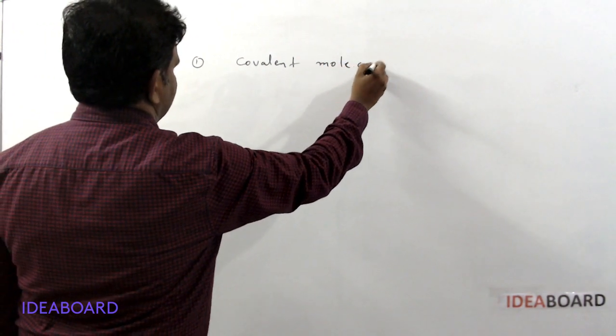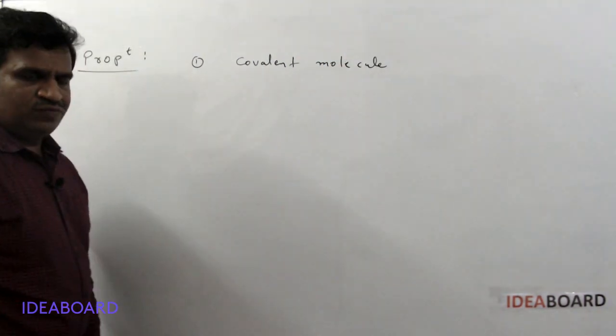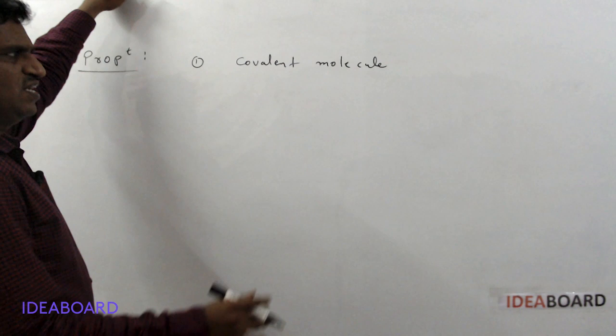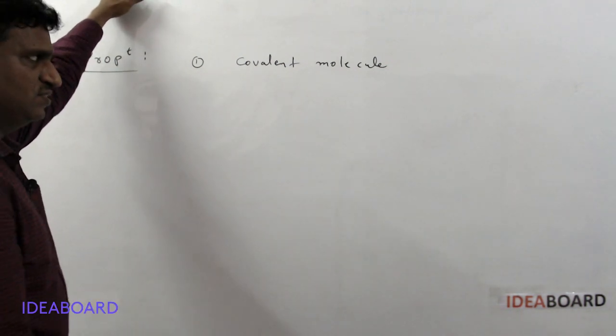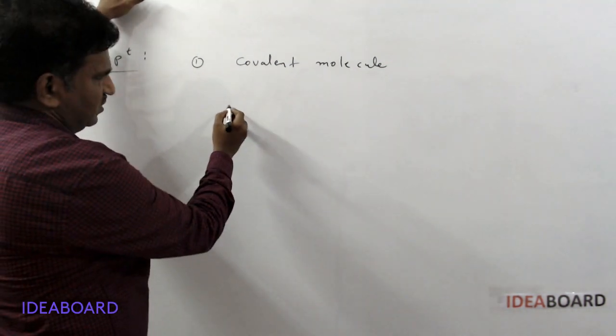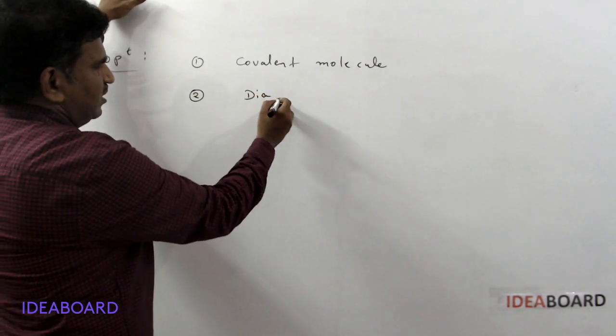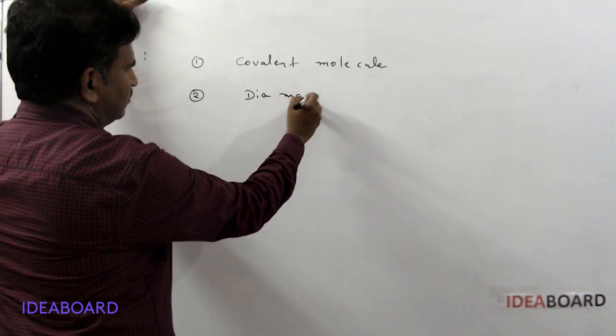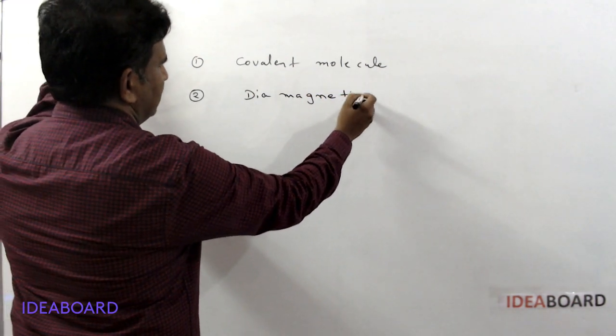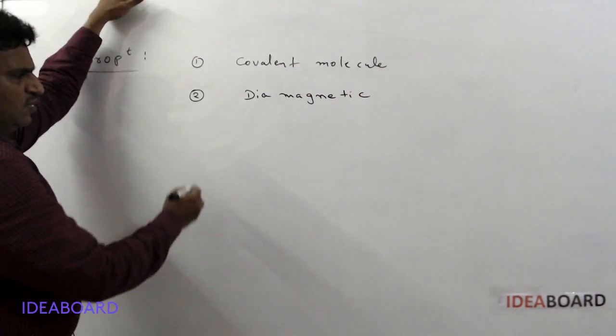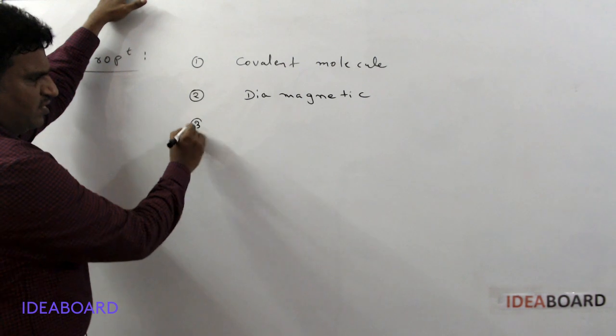Very, very important. They are covalent because they have less electronegativity difference. And second point, very important, they are diamagnetic. They are not paramagnetic, they are diamagnetic.